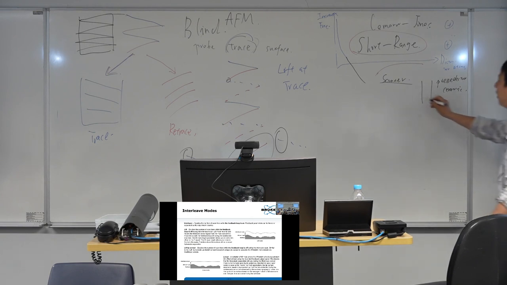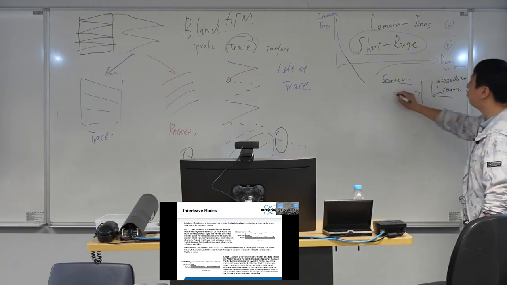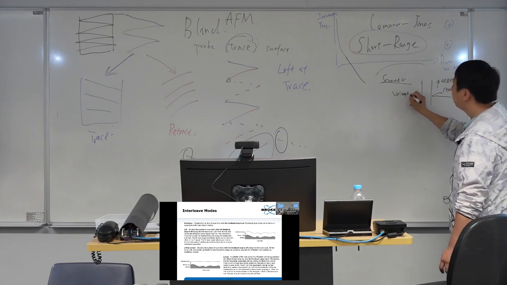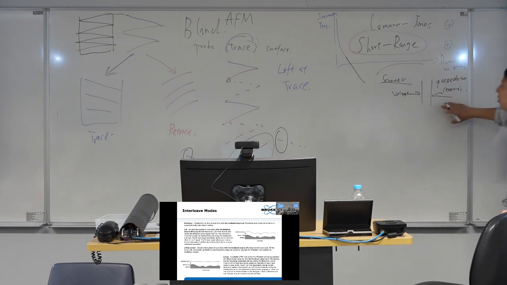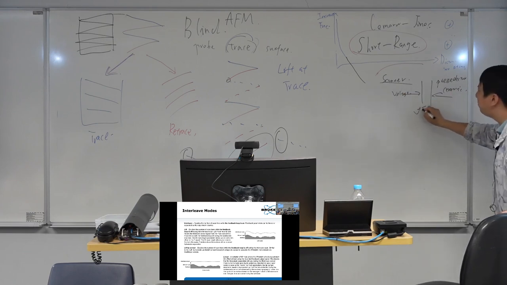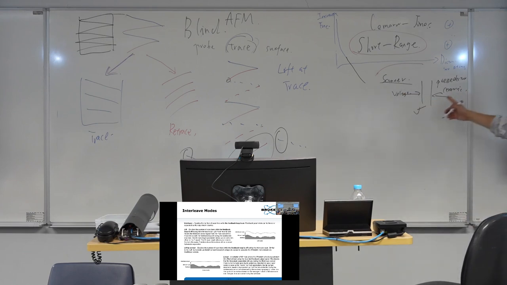If we apply a voltage on this tube, this voltage will cause a deformation. And then we apply a voltage on this tube, the tube will move. And then if we bind a tip on this tube, we apply voltage, the tube moves, then the tip is moved back and forth, back and forth.